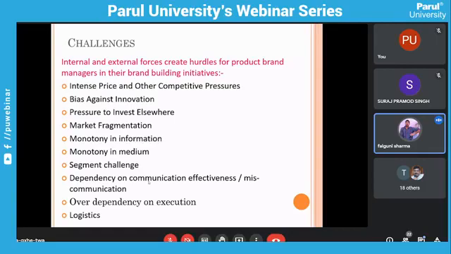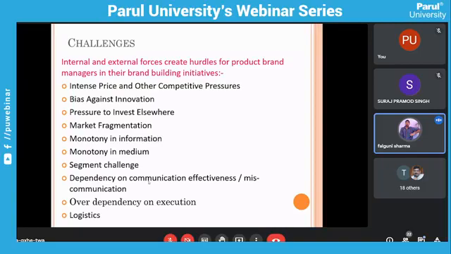We cannot expand that much because of restrictions, and there is a limited number of customers, so we can expose only up to a limit. And why has it become a challenge? Because there are a number of competitors within that segment. That is a segment challenge.